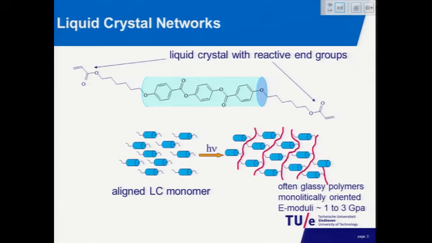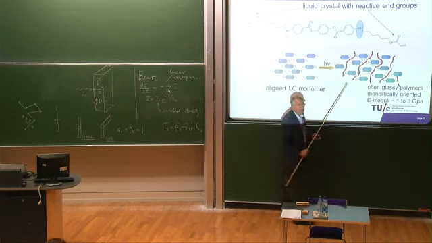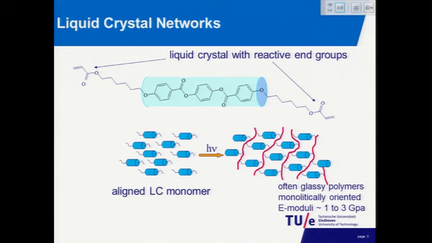We all know what liquid crystals are, rod-like molecules, for instance, but it can also be a disk, of course. And this particular liquid crystal is modified at both ends with a reactive group. For a non-chemist, this is an acrylate group, and if it comes in contact with free radicals, unpaired electrons, then it might initiate a chain addition polymerization.